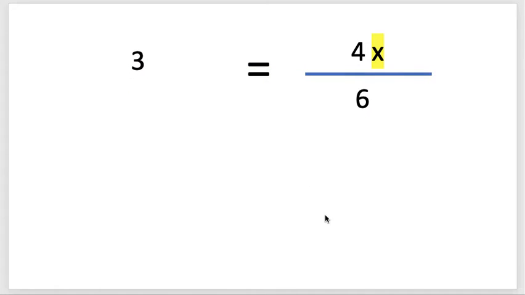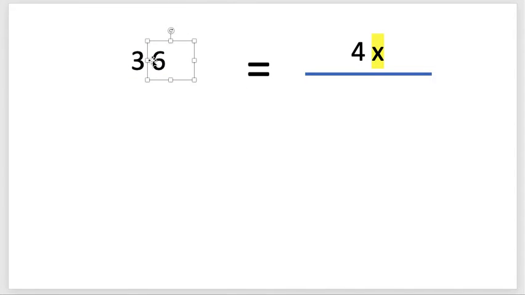Now, if we wanted to find out what x is, we need to move the 6 and the 4. We can move them together or separately, but I'm going to move them separately so you understand. The first thing we're going to do is we're going to times both sides by 6. This means the denominator goes from being a denominator on this side, and on this side it becomes a numerator. However, it is not 36.